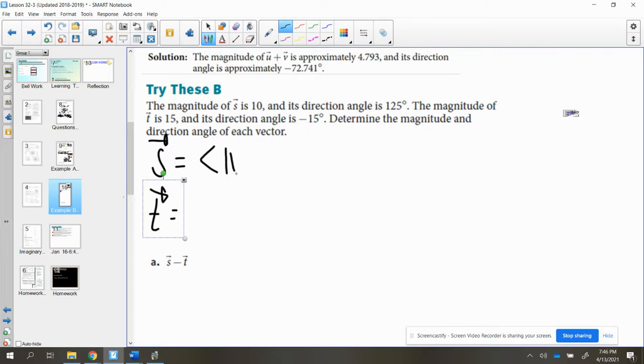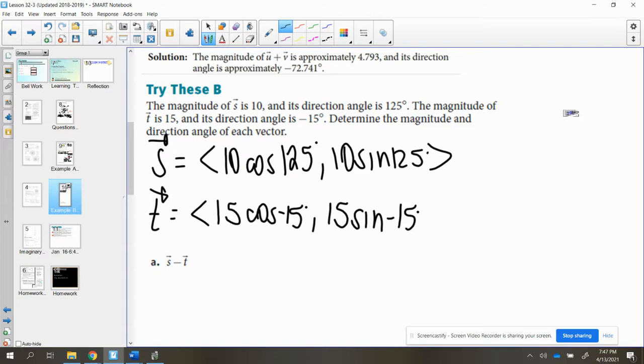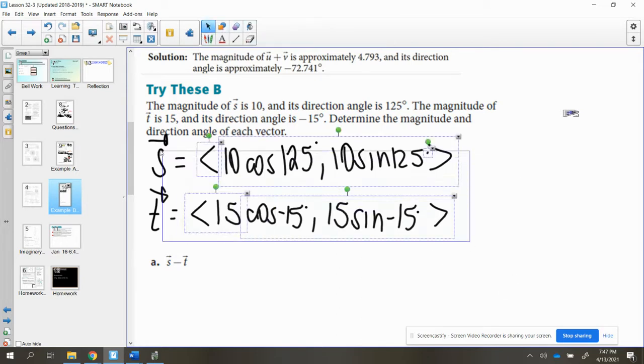So component A is going to be 10 times the cosine of 125, and B is going to be 10 times the sine of 125, while T is at 15, negative 15, oops, so 15 cosine of negative 15 degrees, and then 15 times the sine of negative 15 degrees. Okay, so we have those approximations if you type them in your calculator, for both of those.